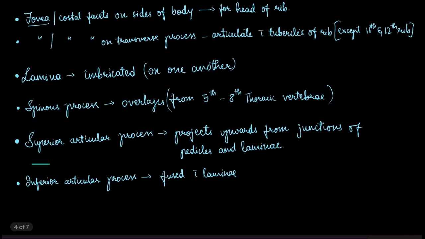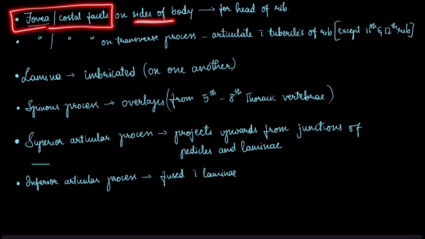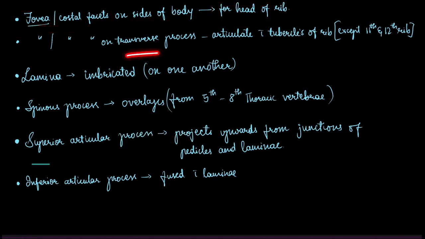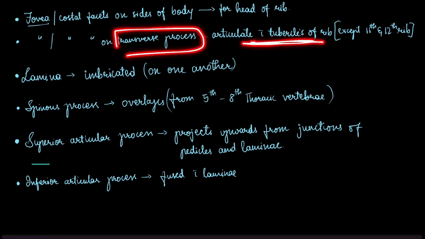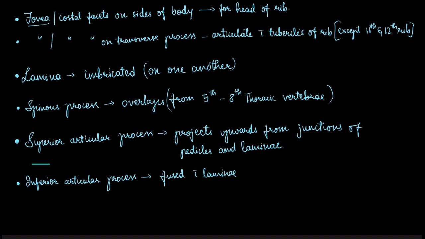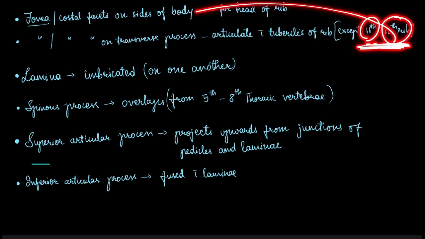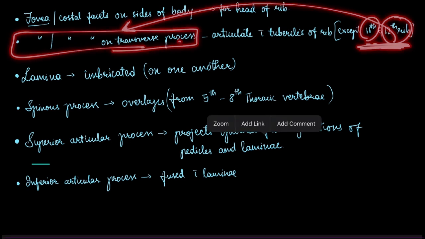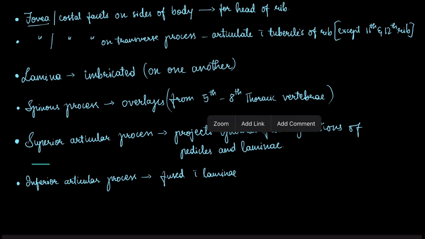Then some points I was saying: these costal foveae on the sides are for the head of the rib, and those on the transverse process articulate with the tubercle of the rib. And the 11th and 12th thoracic vertebrae do not have costal fovea on the transverse process. About this we will discuss later in this video, during variations in thoracic vertebrae.